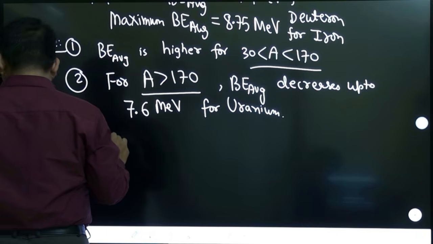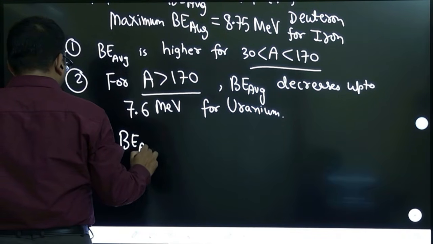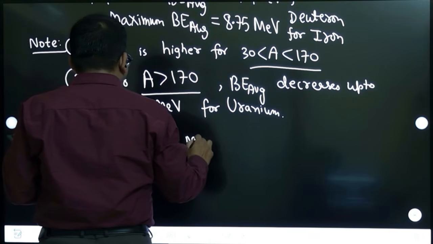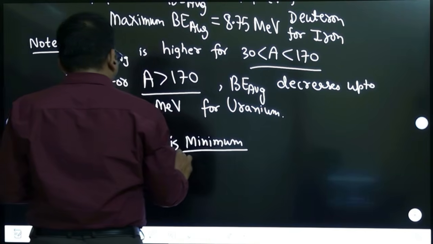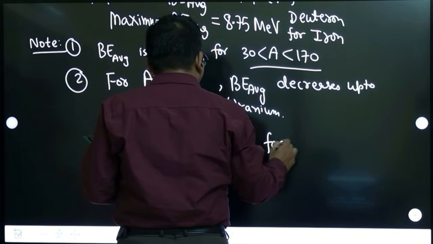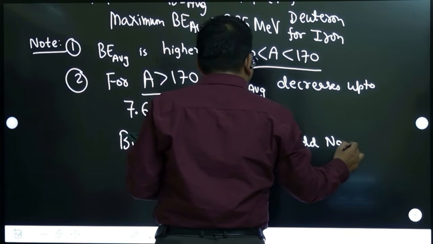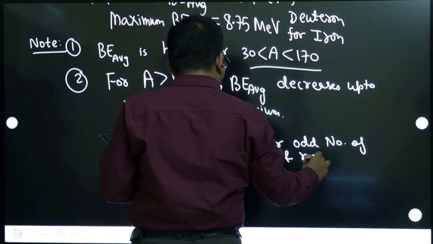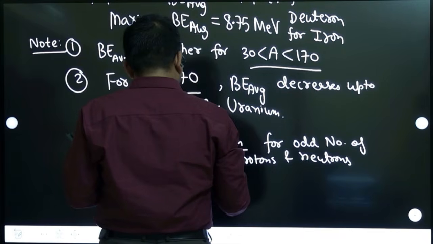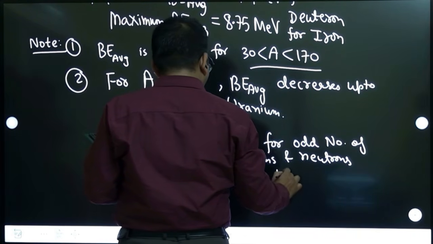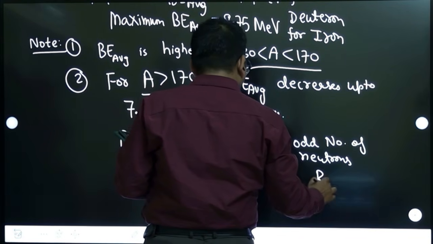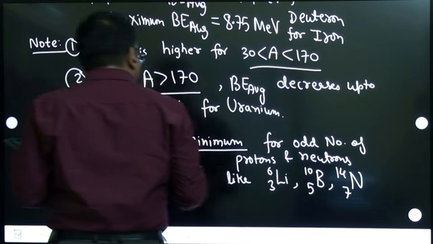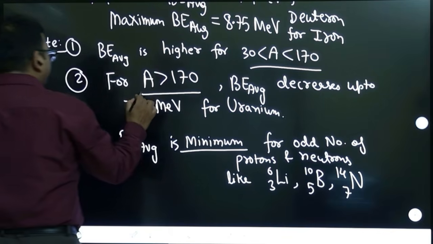Okay, and in this point you need to note that the minimum average binding energy is for odd numbers of protons and neutrons, like lithium 3-6, boron 5-10, nitrogen 7-14. For these three, I am seeing the trend only for this case.